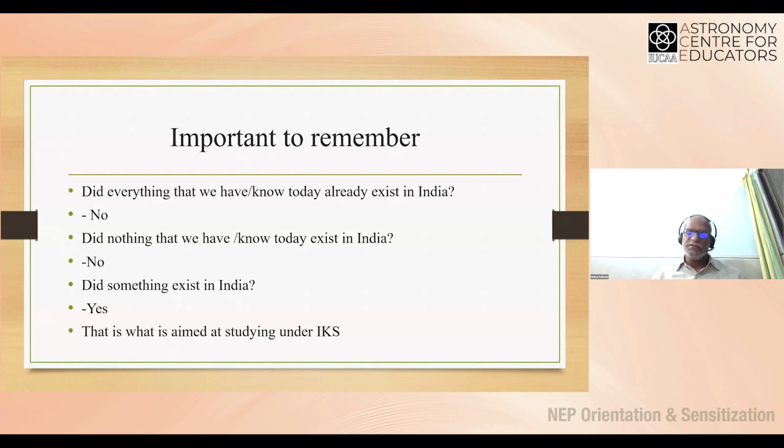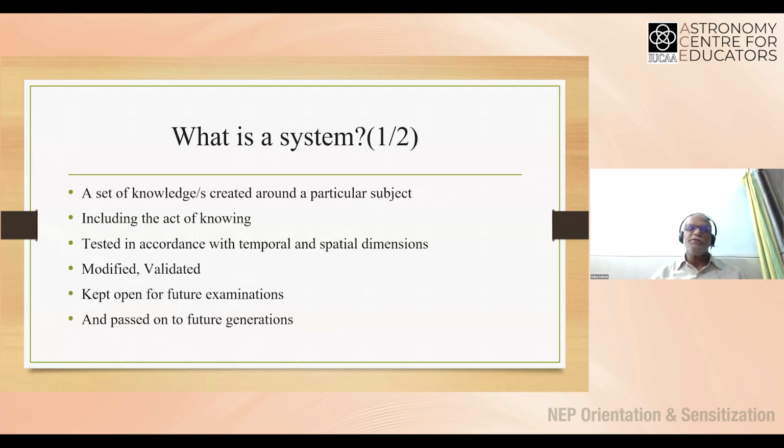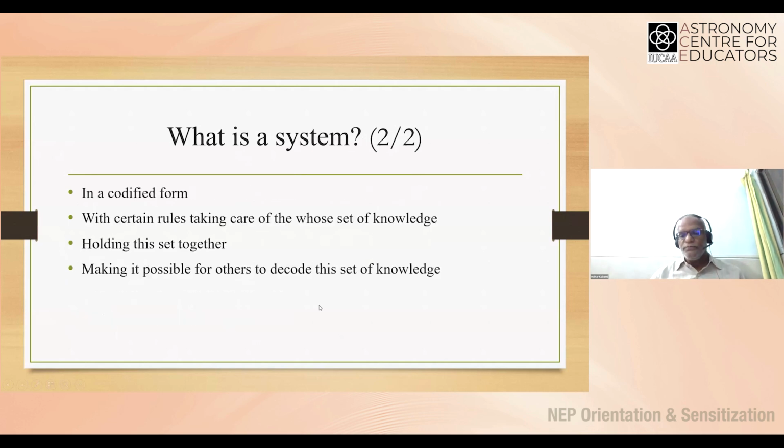And the answer is yes. And that is what primarily we are studying. That is our aim: to make us aware of the existence of such systems is the primary goal of Indian knowledge systems.